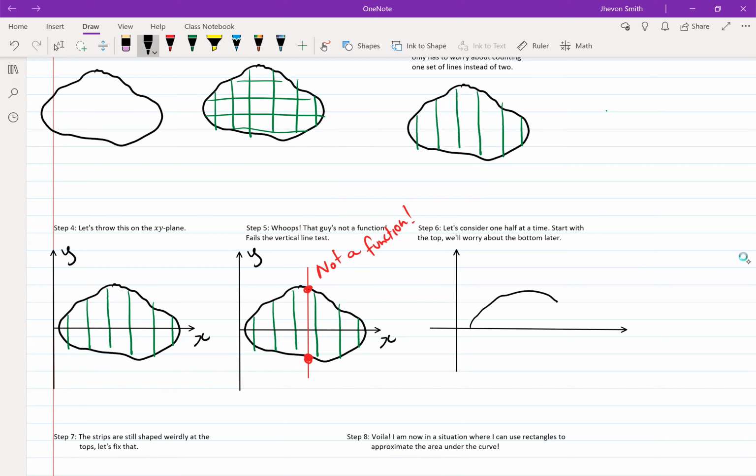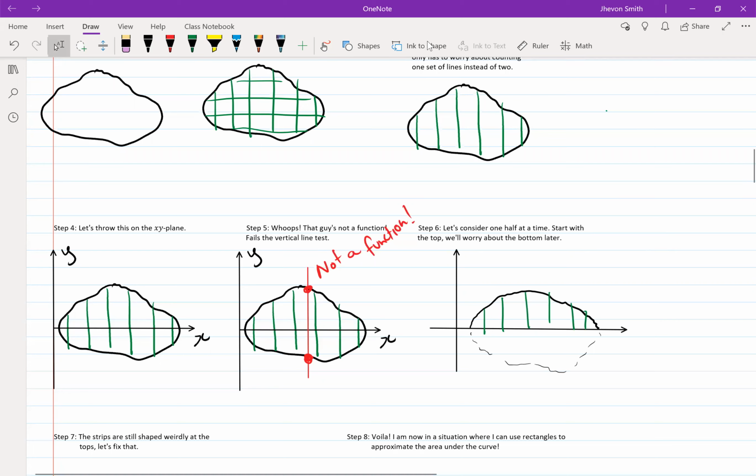So here is the top part of the function, and obviously there's the bottom part, but we don't care about the bottom part. So for the moment, I'm going to focus on the top part of the function. Well, the top part of the shape.